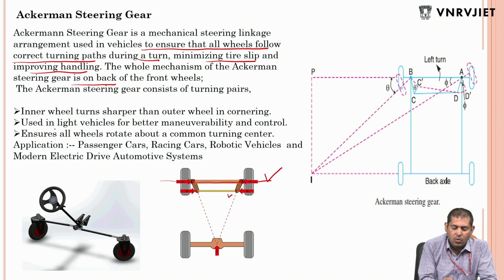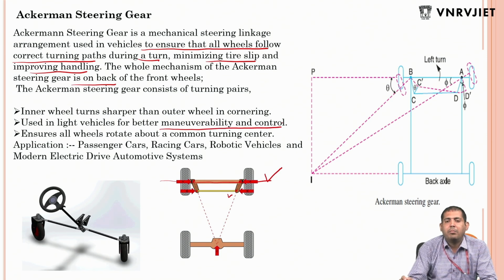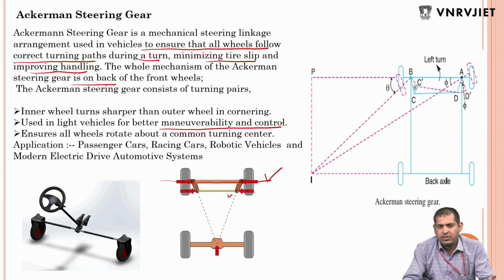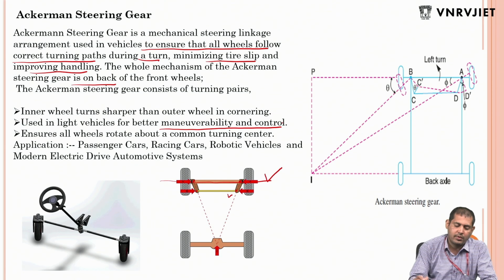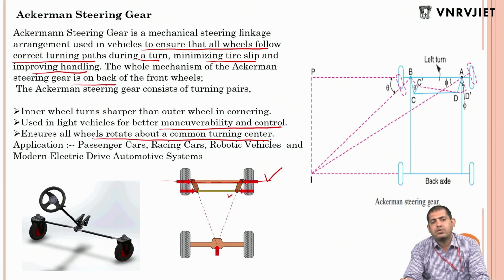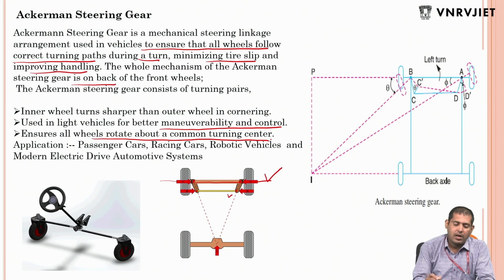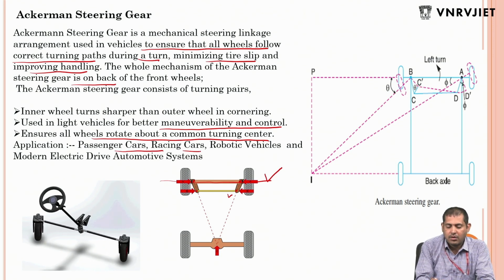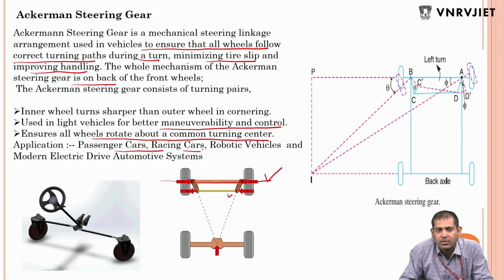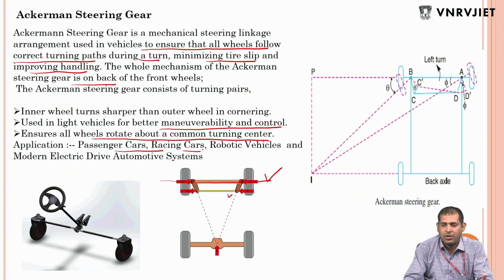It is used in light vehicles for better maneuverability and control. In today's cars, most cars use an Ackermann steering gear. It ensures all wheels rotate about a common center, which is also an advantage. Applications are in passenger cars, racing cars, robot vehicles, and modern electric drive automotive systems.